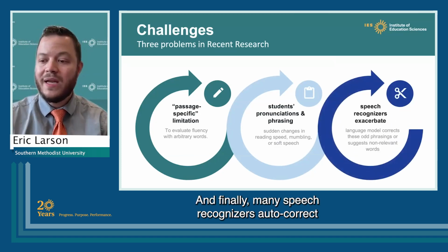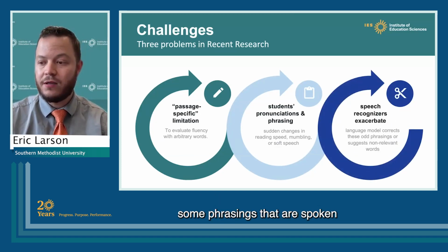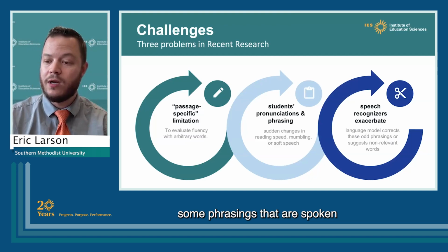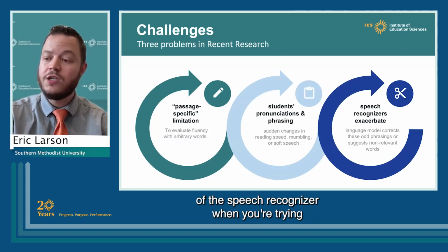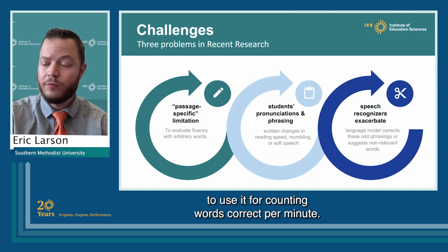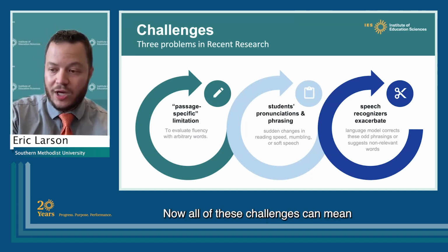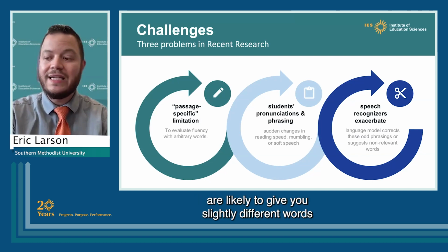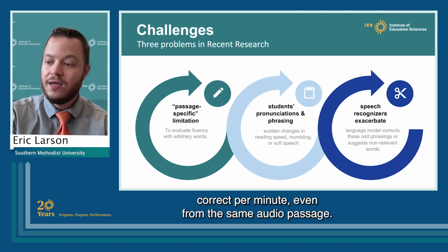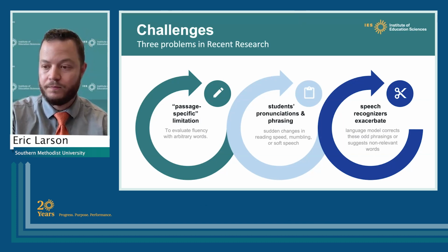And finally, many speech recognizers autocorrect some phrasings that are spoken, and that makes it difficult to trust the output of the speech recognizer when you're trying to use it for counting words correct per minute. All of these challenges can mean that a speech recognizer and a human listener are likely to give you slightly different words correct per minute, even from the same audio passage.